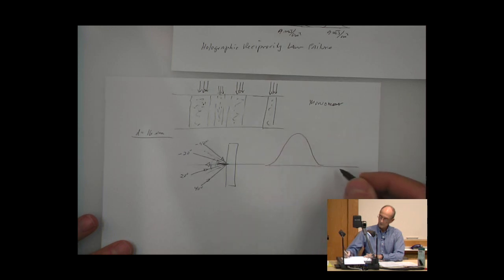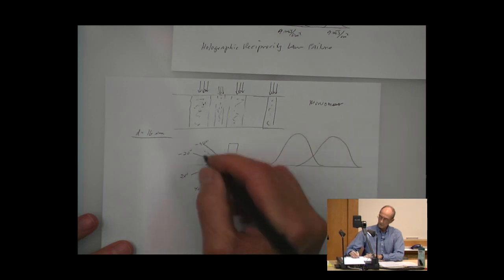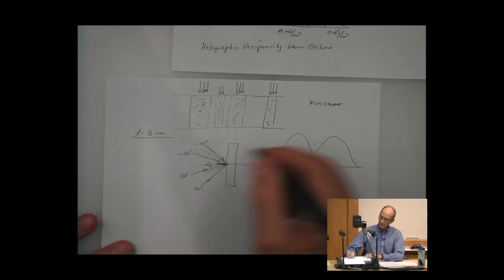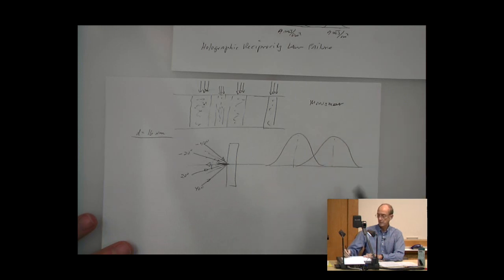So you may get something that looks like that, say if you're reconstructing this hologram, you'll get an efficiency curve that looks like that. You're reconstructing that one, you'll get an efficiency curve that looks like that.